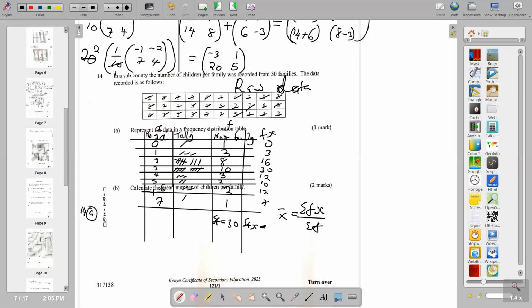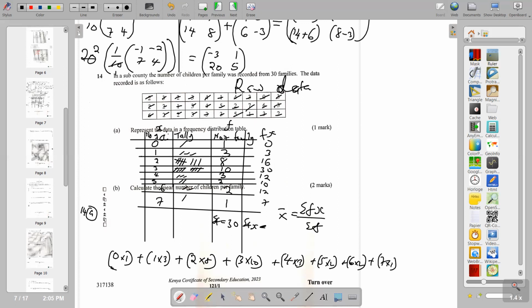Or simply you can do this: 0 times 1 plus 1 times 3 plus 2 times 8 plus 3 times 10 plus 4 times 3 plus 5 times 2 plus 6 times 2 plus 7 times 1, and then all over summation f.